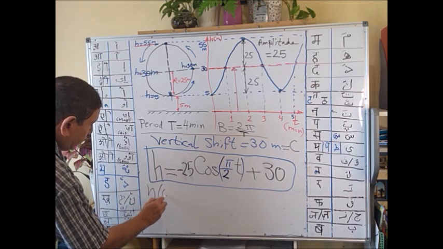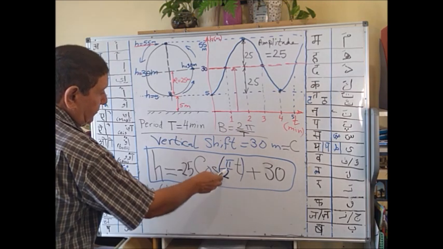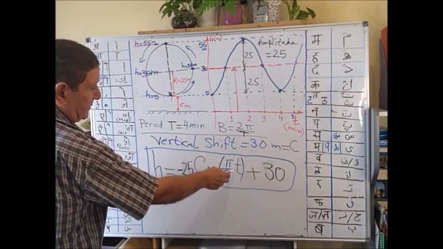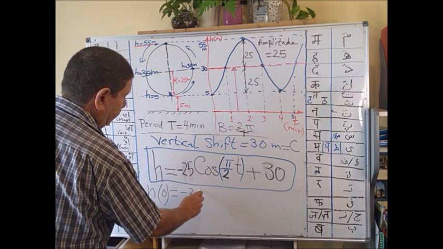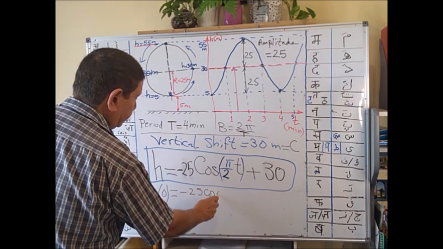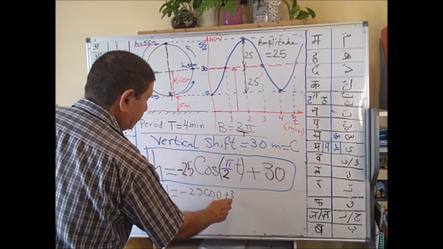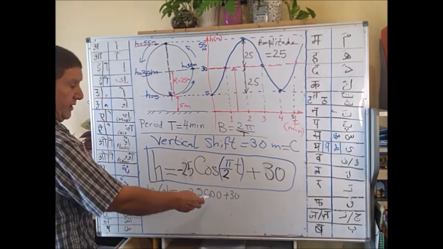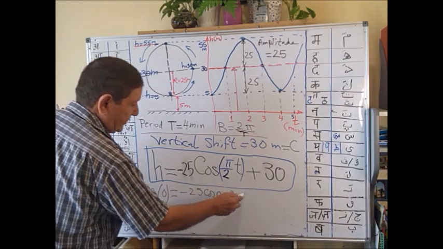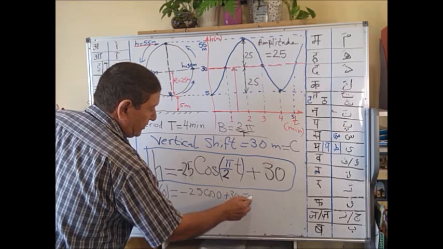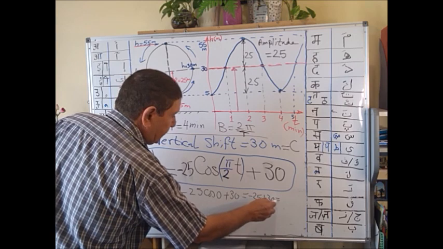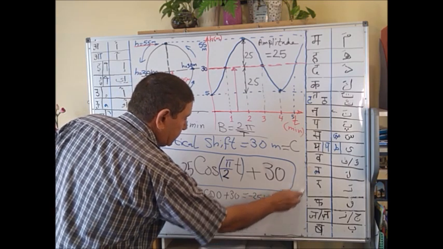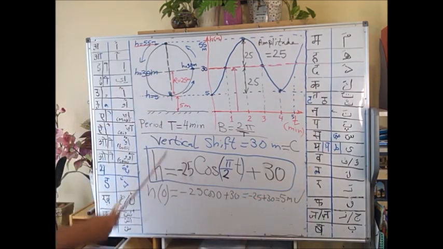So this is h of 0. We substitute here, this becomes cosine 0, so minus 25 times cosine 0 plus 30. Cos 0 is 1, so minus 25 plus 30 gives you 5 meters. Yes, that's the one, because at time 0, it's at 5 meters.